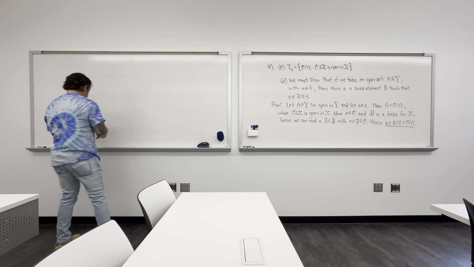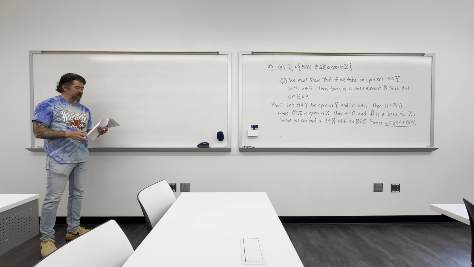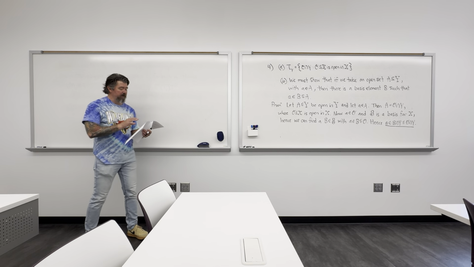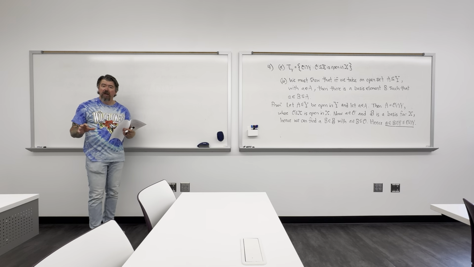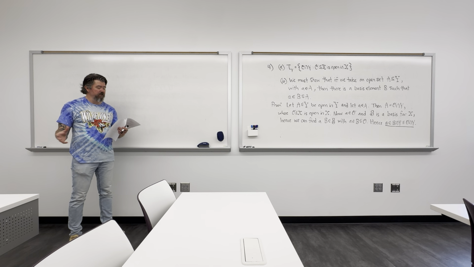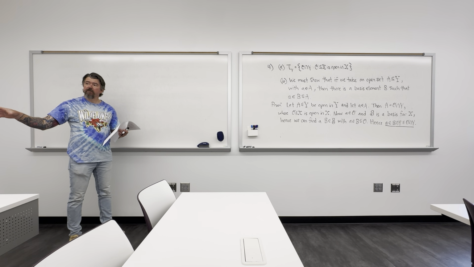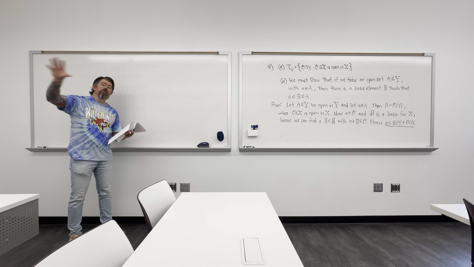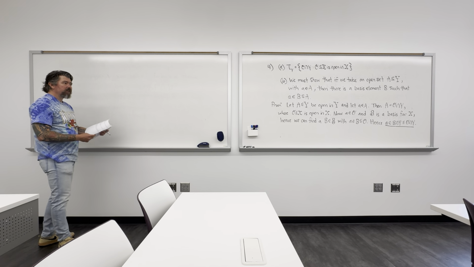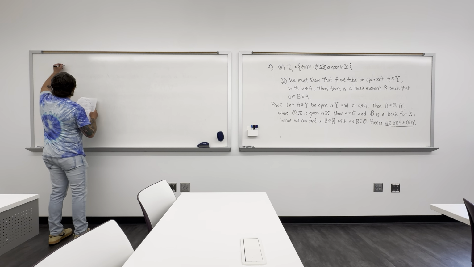Okay, moving on. Number 5, we have that f is a function from a topological space to another topological space, and we're given that f is continuous, and then we want to argue that if we take a closed subset of the codomain space, when we bring it back, looking at the inverse image, it's still closed. Here.